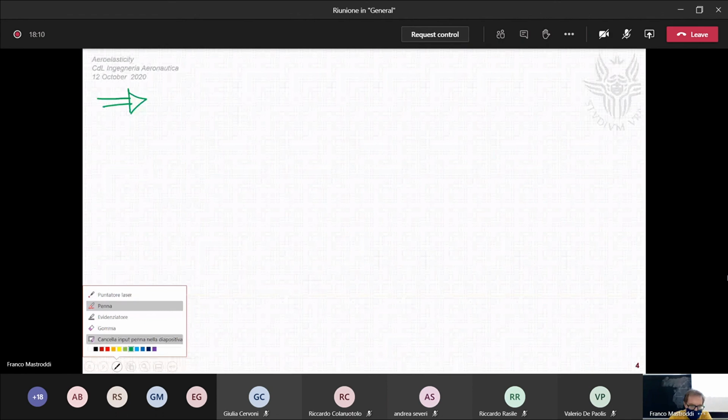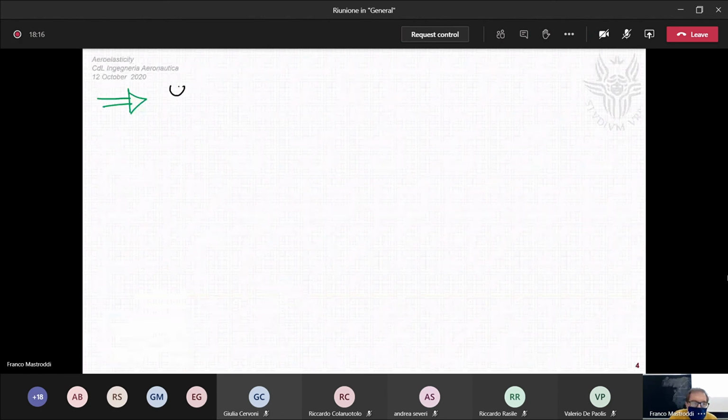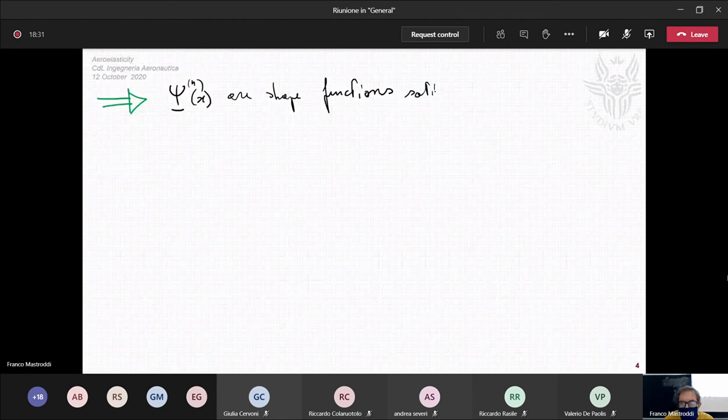And the first point is psi n of X are shape functions satisfying the body boundary conditions.